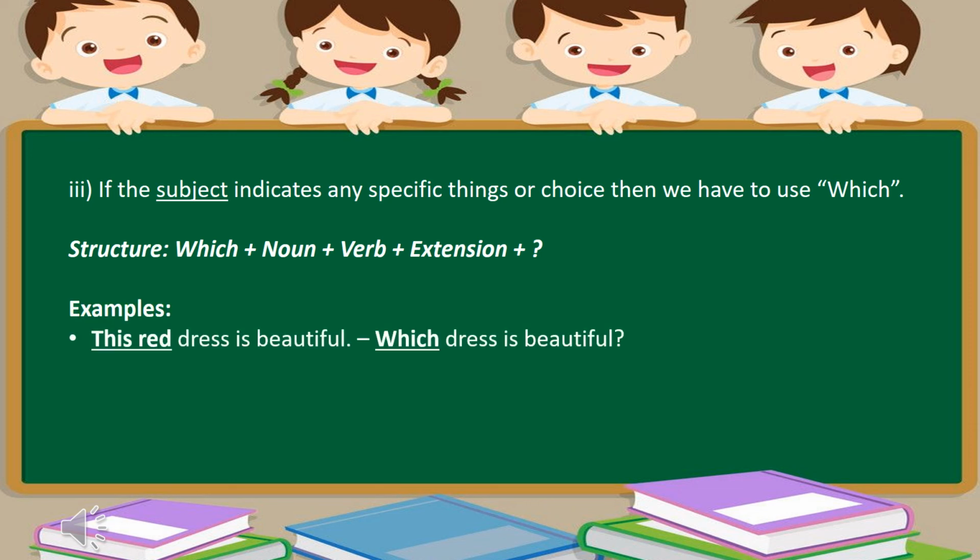This red dress is beautiful. This red dress is the subject of this sentence and it indicates a specific thing, so we have to use which. After that the noun dress, then the verb is, and then the extension beautiful, and lastly we have to put the question mark.